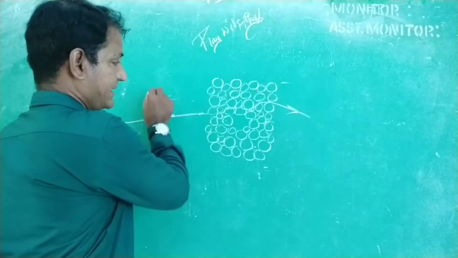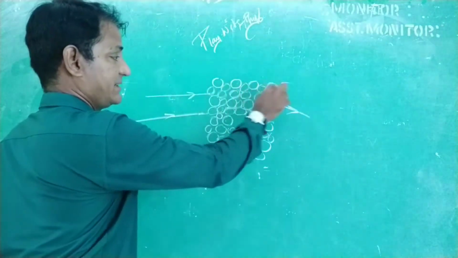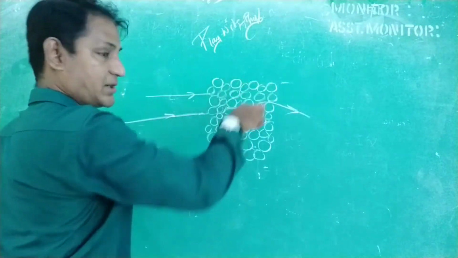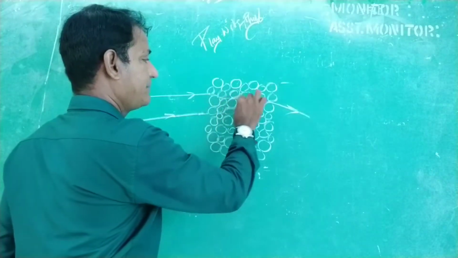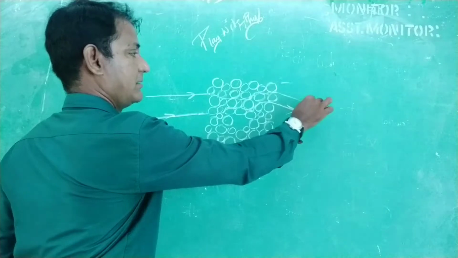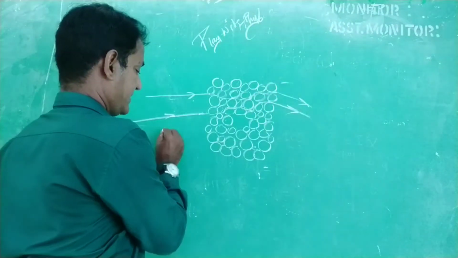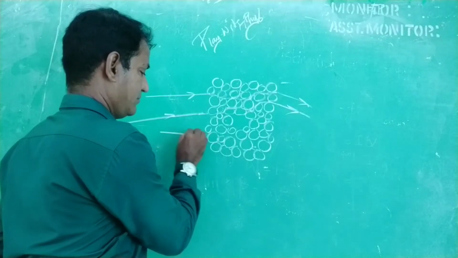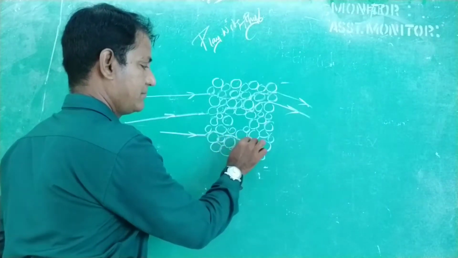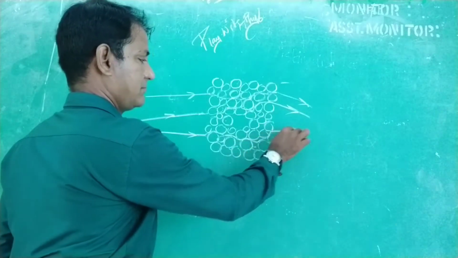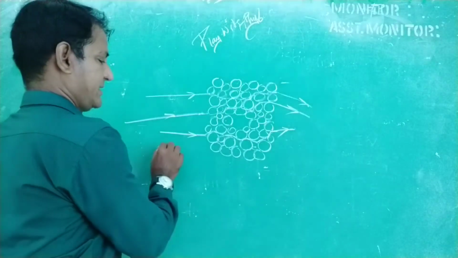Suppose another person is running fast. These are the crowded people, the heads of the crowded people. Again he has to move accordingly and come out like that. Here also, whenever a person moves in this direction, accordingly, here also.